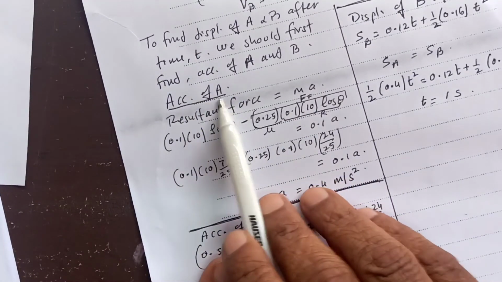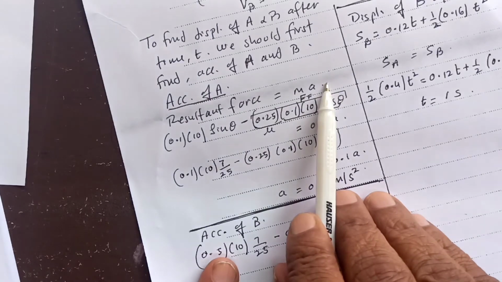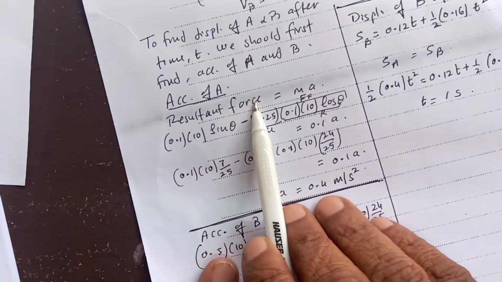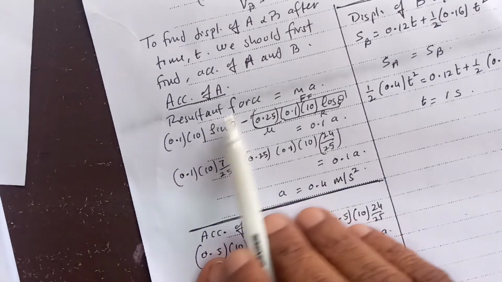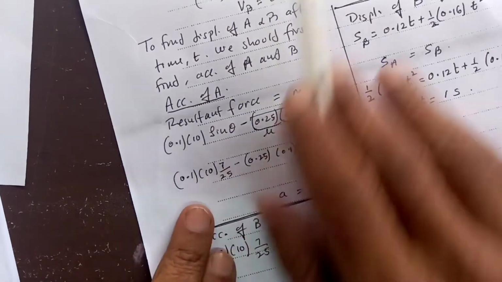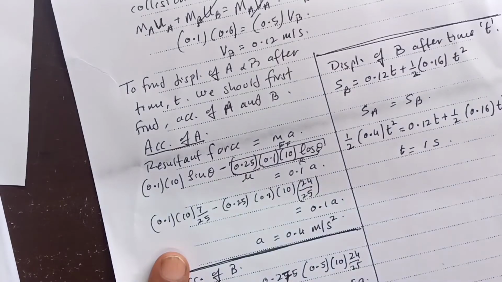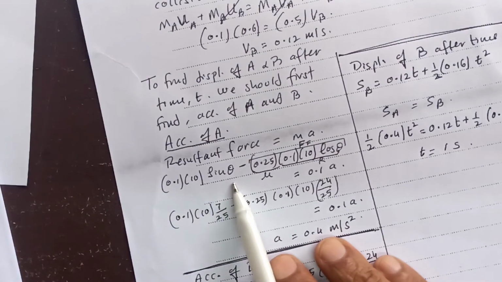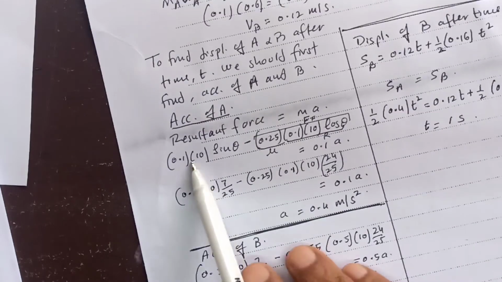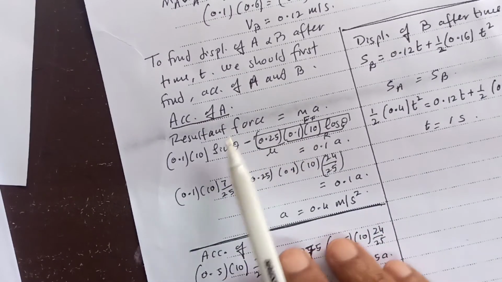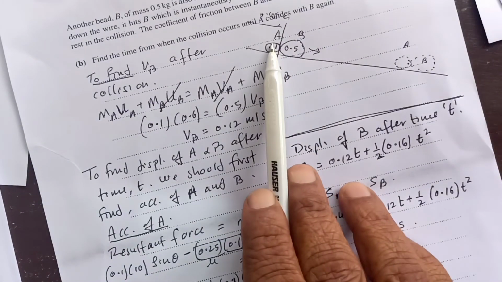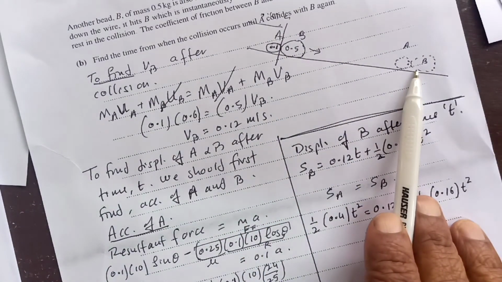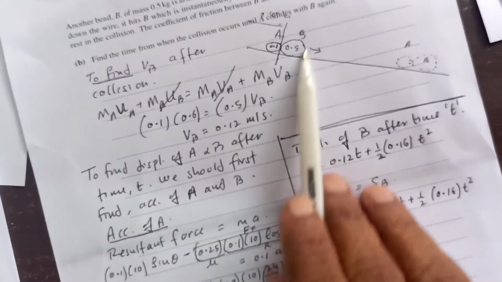Now, for acceleration of A, resultant force equals ma. Now, what is the resultant force of A? Resultant force of A is very simple. A is moving with gravity. Why is B moving?